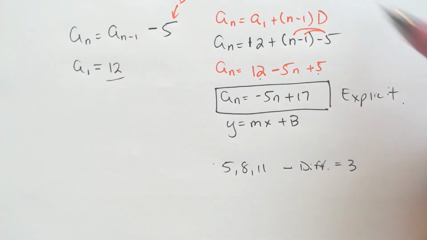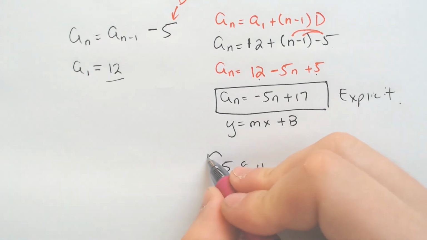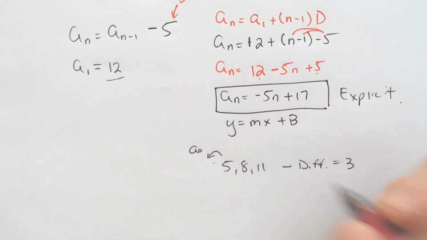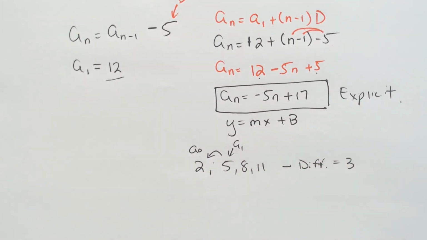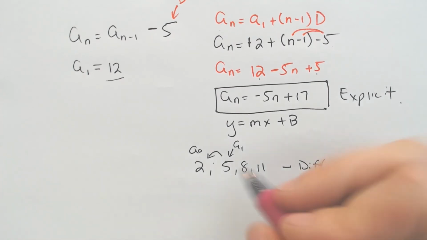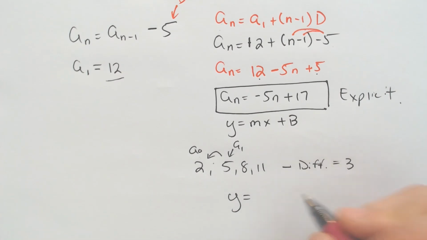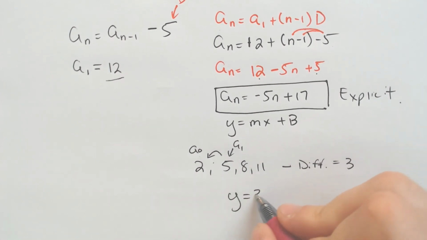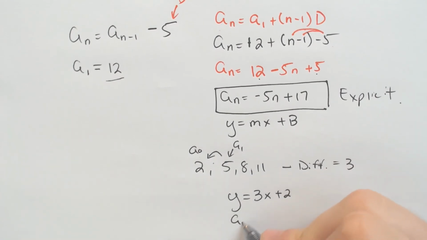All right, I'll prove that it is the same afterwards. My difference is 3, which means my a sub 0, so to speak, would be 2. If we just backtracked a little bit, 5 is our a sub 1, but the 0th term, or the y-intercept, is 2. And you could write y equals, you don't have to write a sub n, y equals, difference is 3, we're adding 3 every time, 3x plus 2, which is the same thing as a_n equals 3n plus 2.